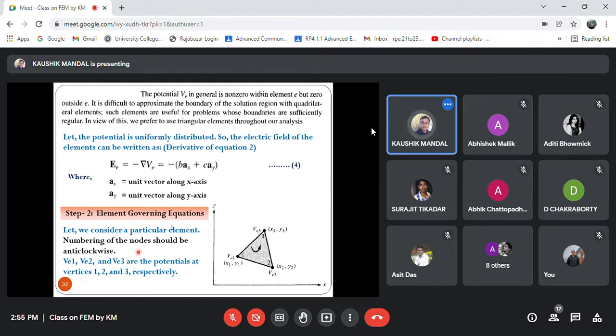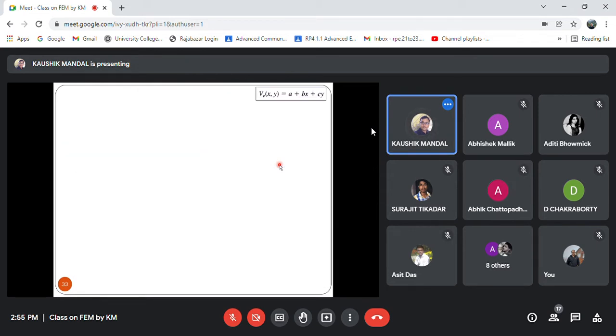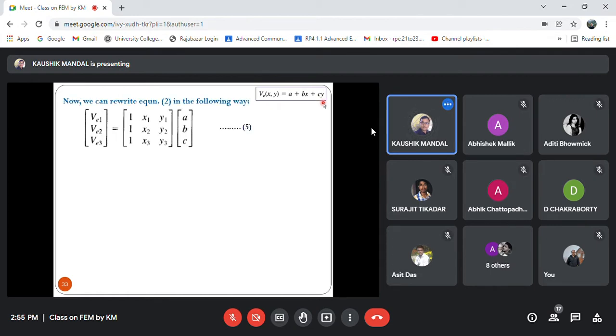Now from equation number 4, this is the polynomial approximation for a particular triangular element, V equal to A plus BX plus CY. From this equation, we can write down the potential matrix for a particular element that we mentioned in the last slide.